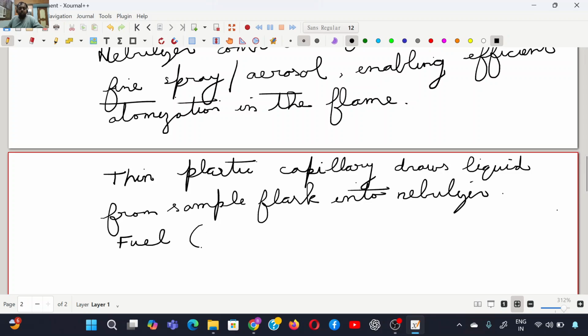So in the nebulizer, it encounters fuel, acetylene, and oxidant like air or oxygen.